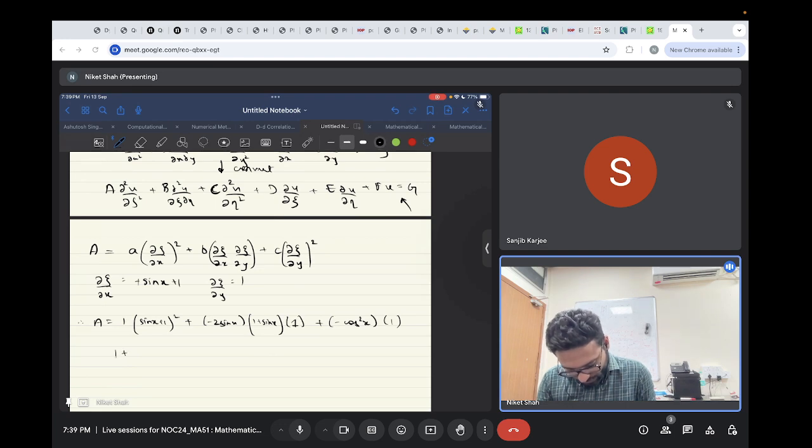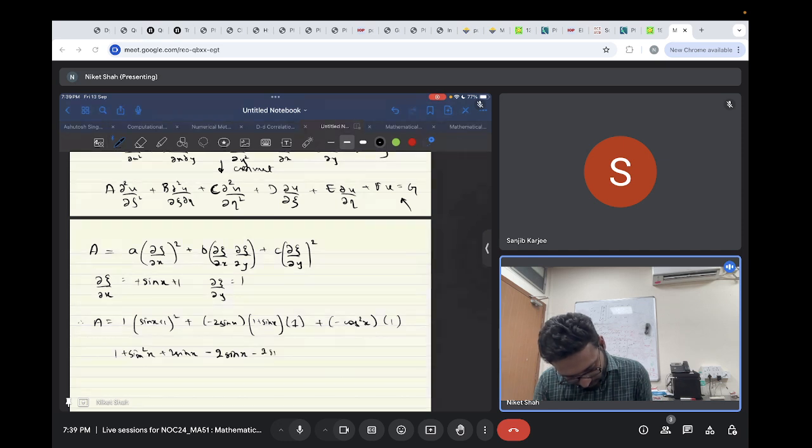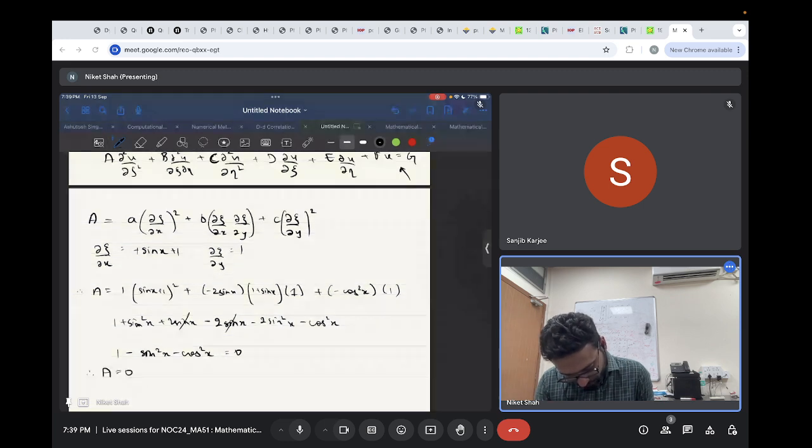This gives me 1 plus sine square x plus 2 sin x minus 2 sin x, which is 2 sin square x minus cos square x. 1 minus sine square x minus cos square x is equal to 0. So therefore, capital A is equal to 0.